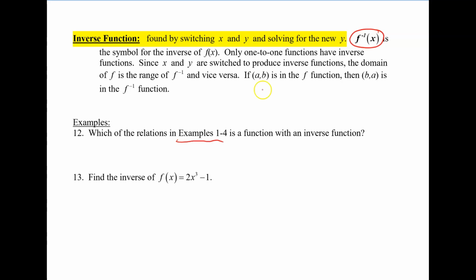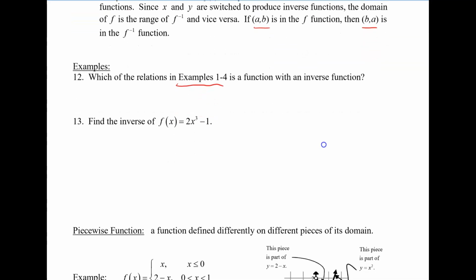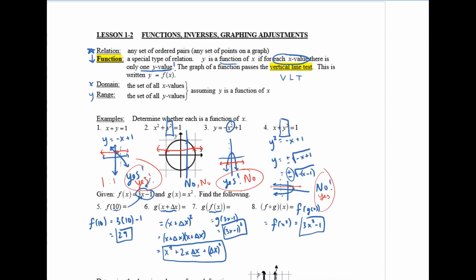An example here would be if a comma b is in the function f, then its inverse would be b comma a. So example 12 says, which of the relations in examples 1 through 4 is a function with an inverse function? Again, we can tell if the inverse is a function by the horizontal line test.